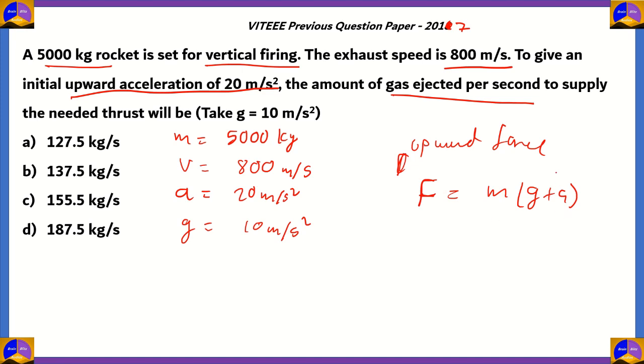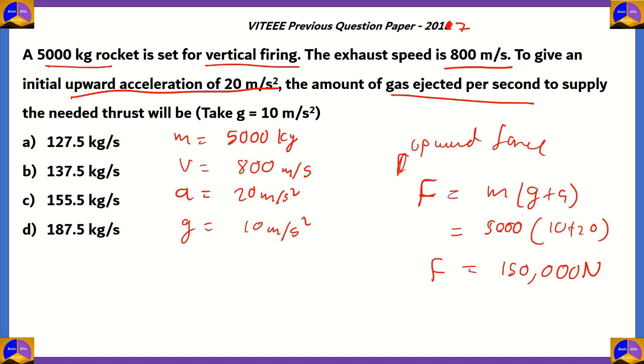Here the acceleration is g plus a, so therefore you have 5,000 times 10 plus 20, so 30 times 5,000, which is 150,000 newtons. So there is an initial force of 150,000 newtons.